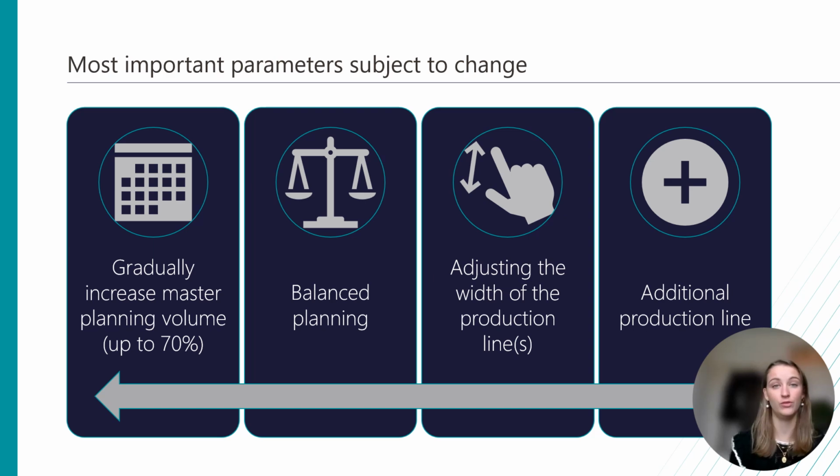So by doing that, you could increase its capacity of the production line, or they had the option to buy an additional production line. So this one is of course the most expensive one, but we had to test if we increase planning, when do we need to buy a new production line, or can we maybe adjust the width of one of the lines? What is the best option to go for?